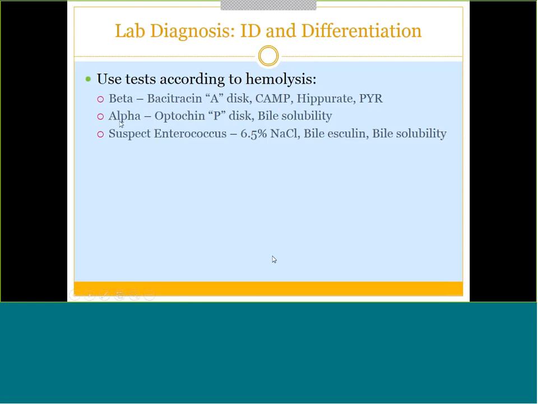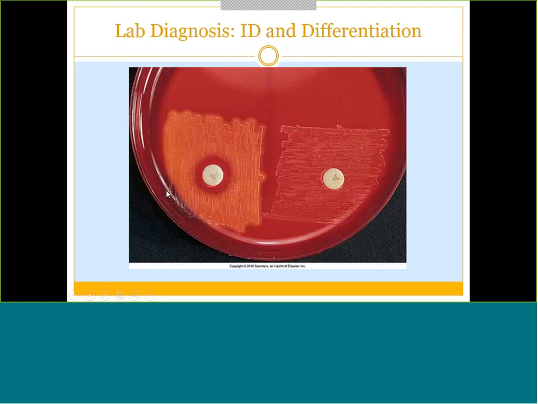If it's alpha hemolytic, you are going to definitely do the optochin P disc and bile solubility. If you think it's Enterococcus, because remember, Enterococcus is a little tricky because it can be any hemolysis, you are going to run a 6.5% NaCl, a bile esculin, and a PYR.